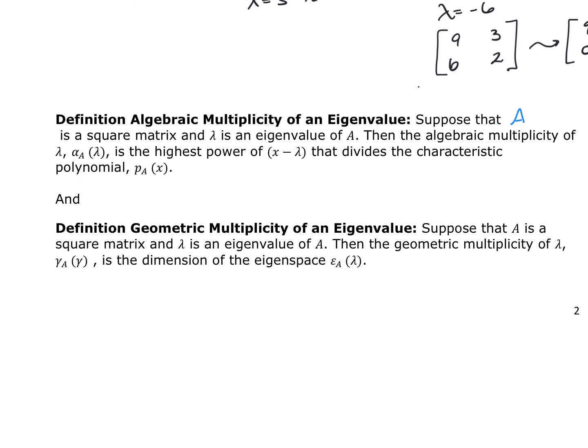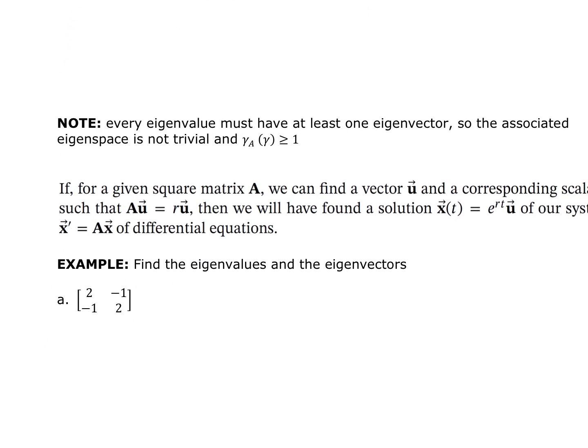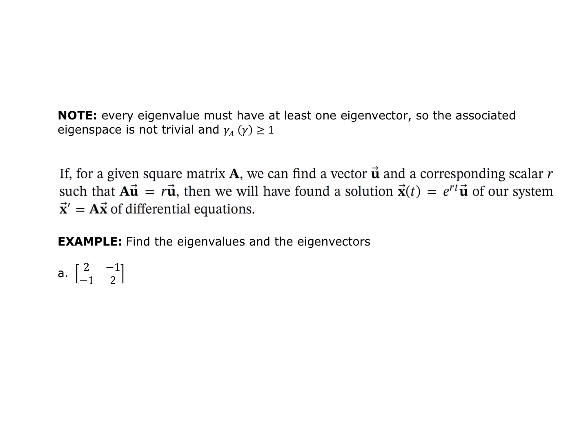And then the definition of a geometric multiplicity of an eigenvalue is, suppose that A is a square matrix and lambda is an eigenvalue, then the geometric multiplicity, gamma sub A of lambda, is the dimension of the eigenspace denoted E sub A of lambda. Note, every eigenvalue must have at least one eigenvector associated to it.